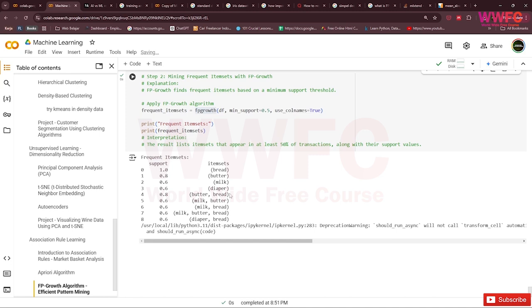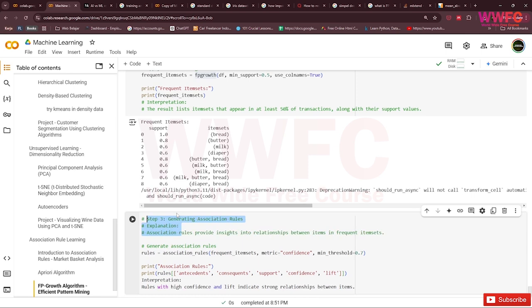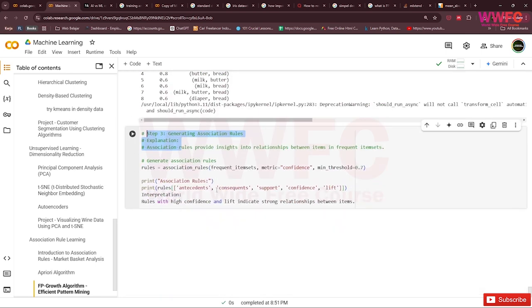So next we go to step 3, generating association rules. Association rules provide insight into relationships between items in frequent itemsets.